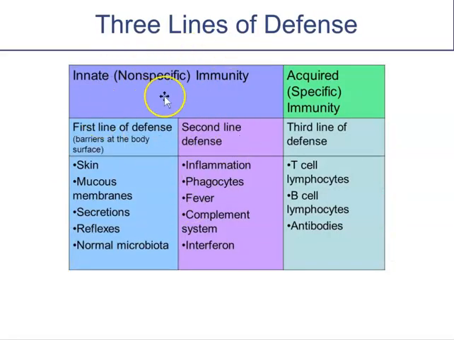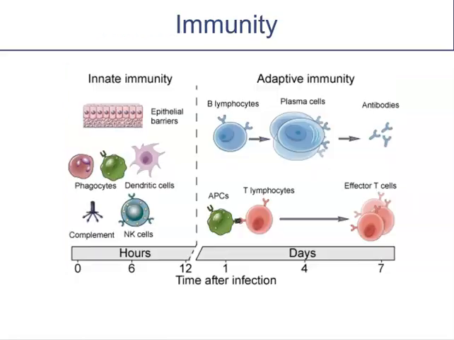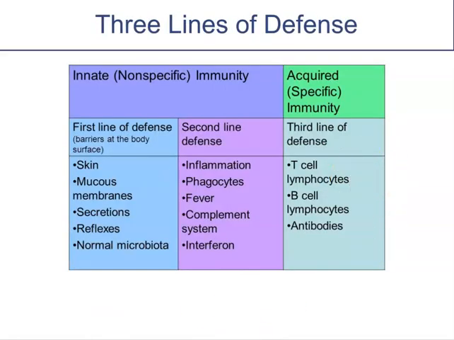We sometimes call it non-specific. Your acquired or adaptive is the last line of defense. And remember, this takes the longest to kick in, but it's the best because it's actually going to go after that specific antigen and destroy it. So we're going to look at the first line, the second line, and the third line.